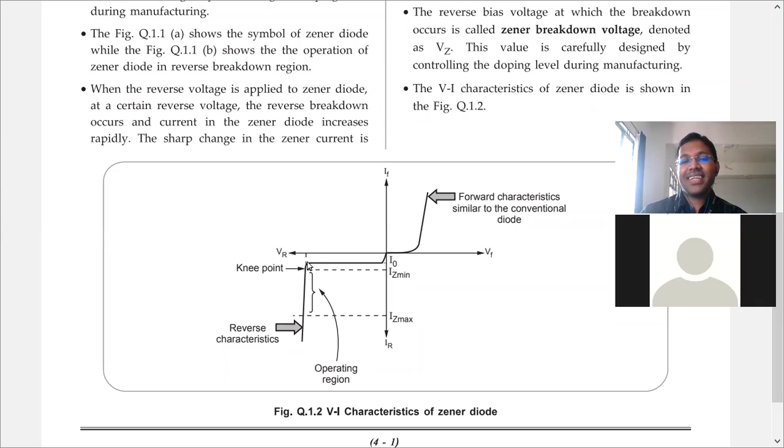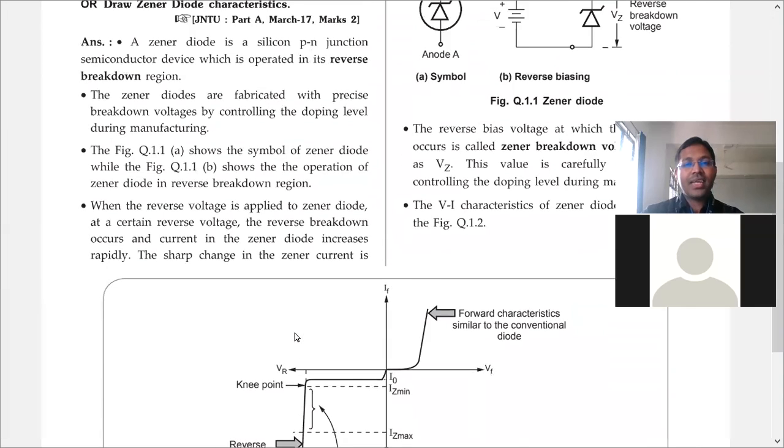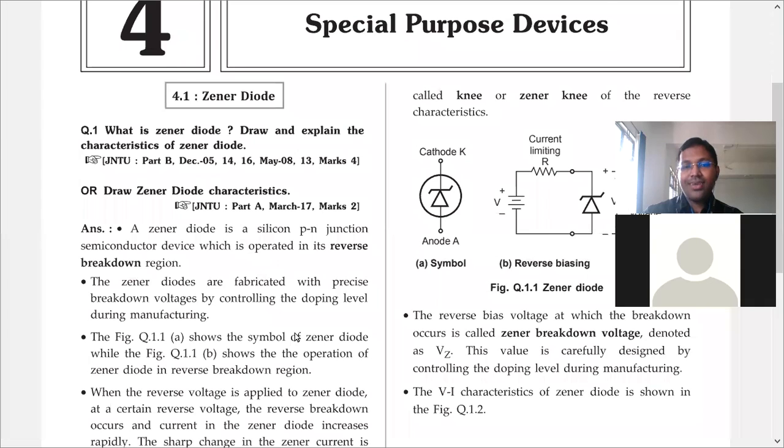Charge carriers are generated means current increases, so there is a rapid increase in current. Although the voltage is almost constant, a slight change in voltage will give a large change in current, because the diode has broken down and more charge carriers are generated. All this we have seen in the previous class.